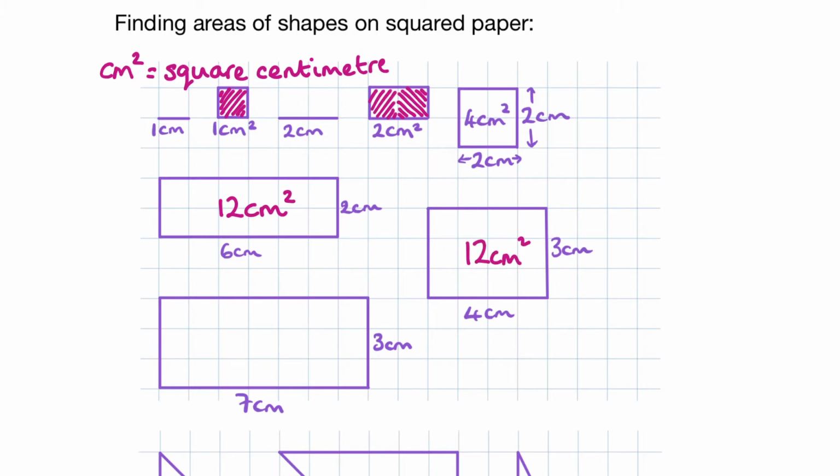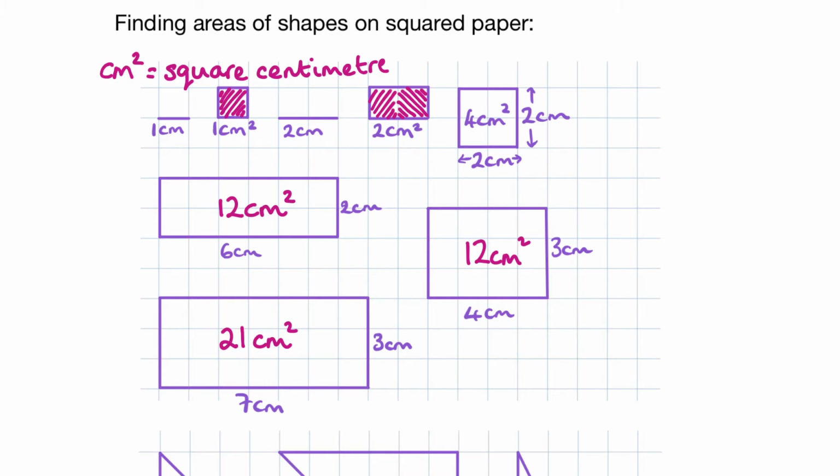So these two shapes both have the same area as each other. They take up the same amount of space on the page, although they are different shapes. Okay, and then this one, if we count the squares there, we've got 21 square centimetres. Okay, so we can find areas by counting squares.